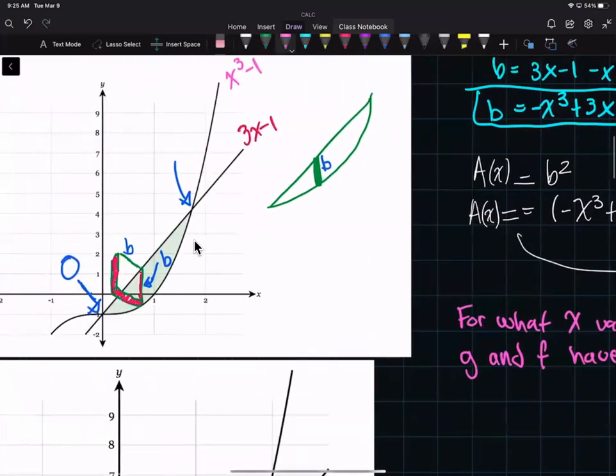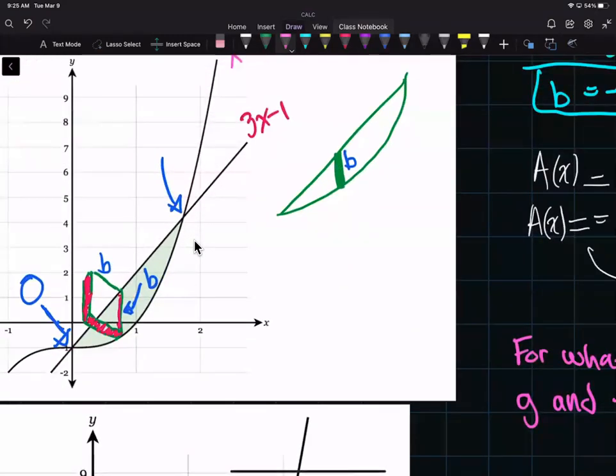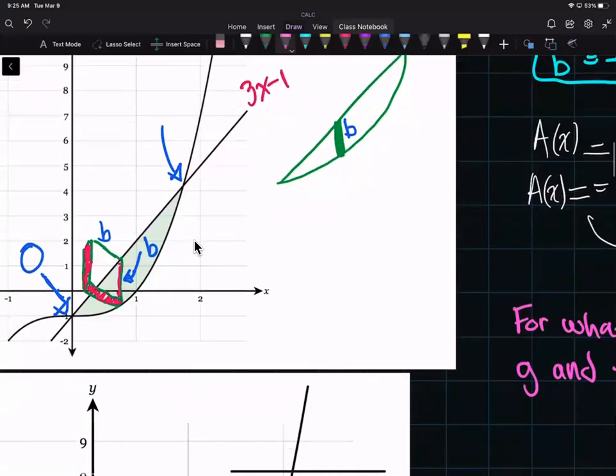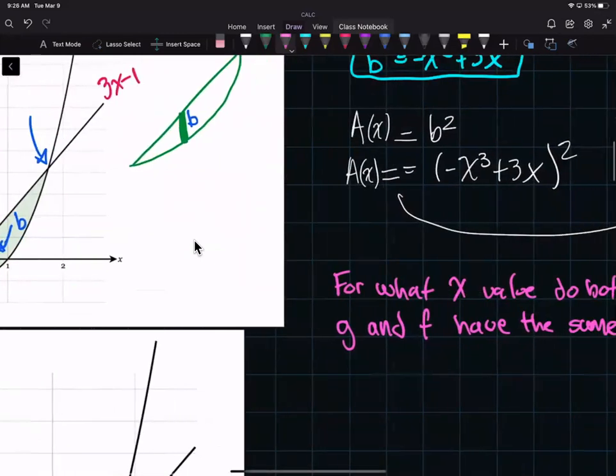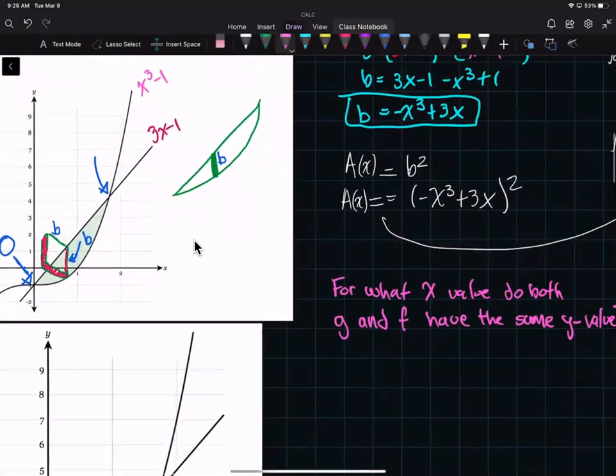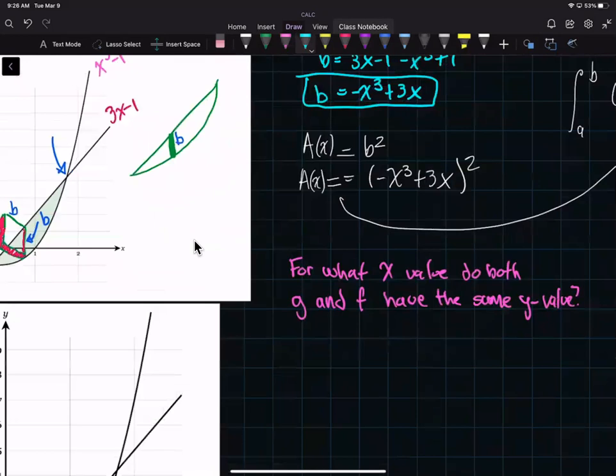Well, this one looks like a decimal, and the reality is that it's actually going to be a radical. So thank you to Daniel for pointing that out. That's correct. You would have to set them equal to each other because remember, we want them to have the same Y value. So we want to set Y equal to Y. The first function is 3x minus 1. And then my second function is, let's see, x cubed minus 1.